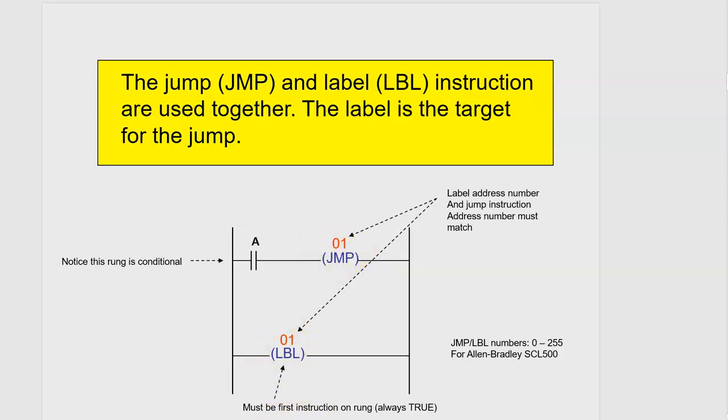You can have multiple jumps in the program, and the way the instruction knows where to jump is by matching the address of the jump to label with the actual address of the label. So these numbers will always match. Point is, anything in between the jump instruction and the label instruction, you'll skip over.